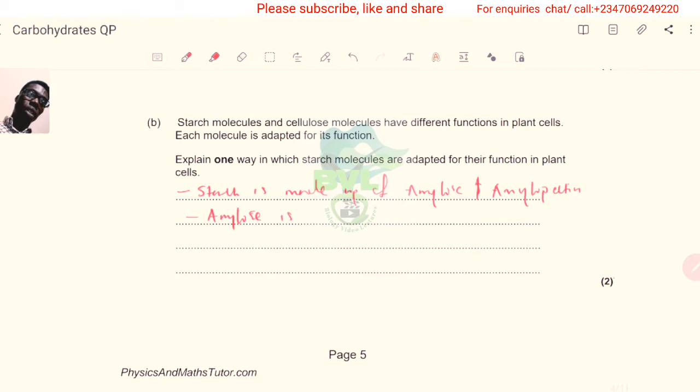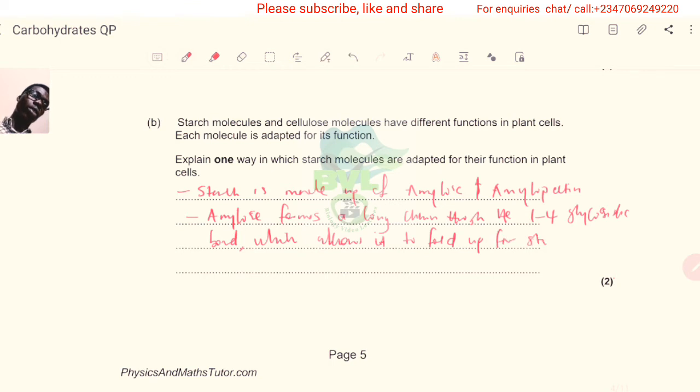Amylose forms a long chain through the 1,4 glycosidic bond, which allows it to fold up for storage.